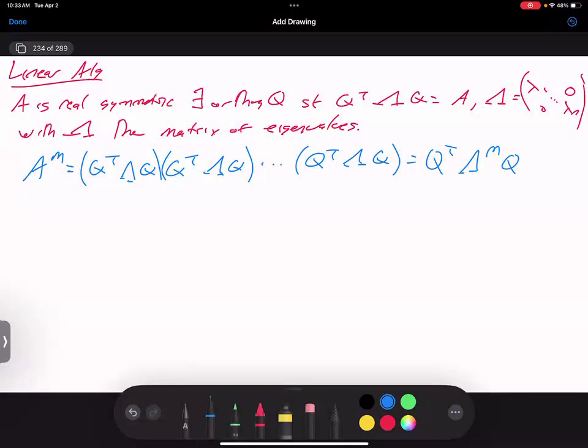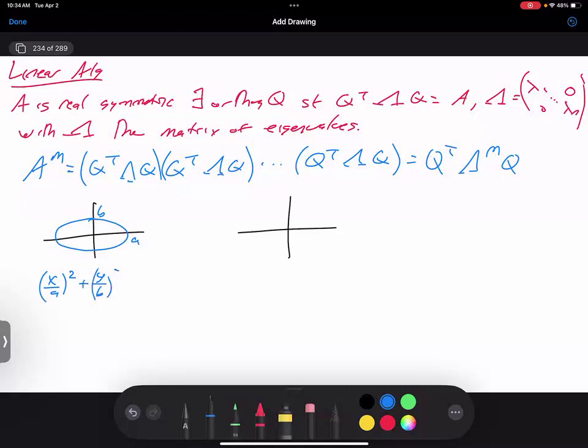Another is, going back a little bit further in your career, you might remember algebra 2, and if I give you an ellipse with a and b over here, the equation of the ellipse is x over a squared plus y over b squared equals 1. If I give you an ellipse that's rotated, the question is, what is the equation of the ellipse if it's rotated?